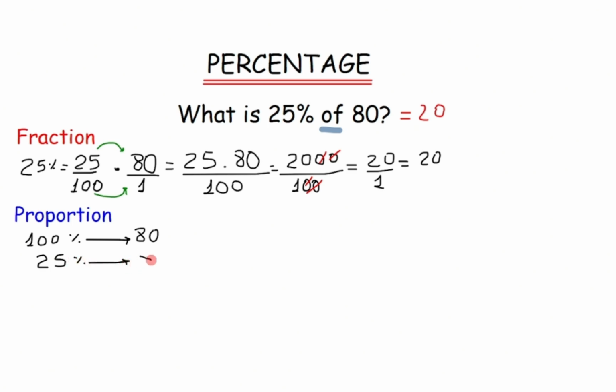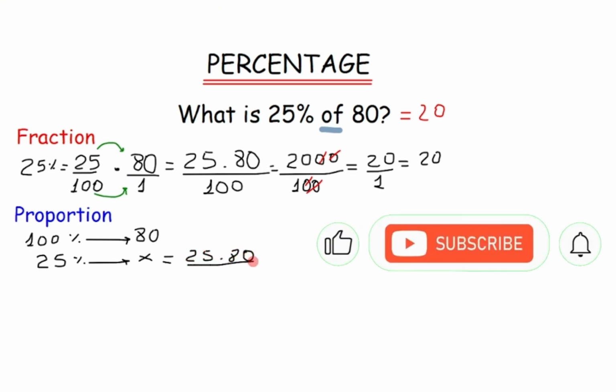Let's just call it, for example, the letter X. How do we solve a proportion? It's very simple. We cross multiply and then we divide by the number that's left alone. In other words, we get 25 multiplied by 80, over 100.